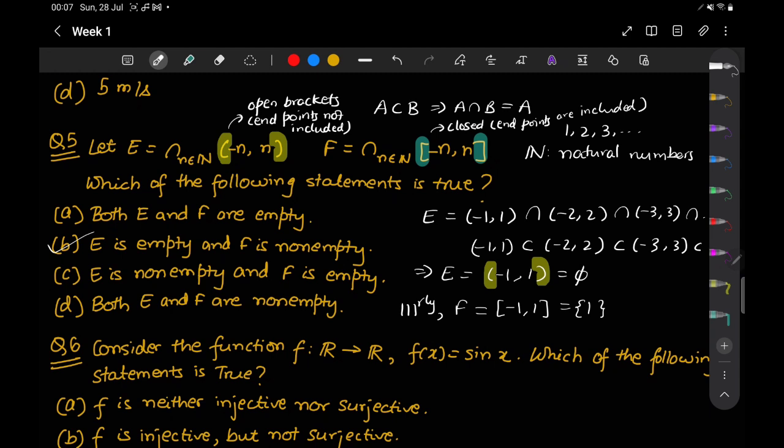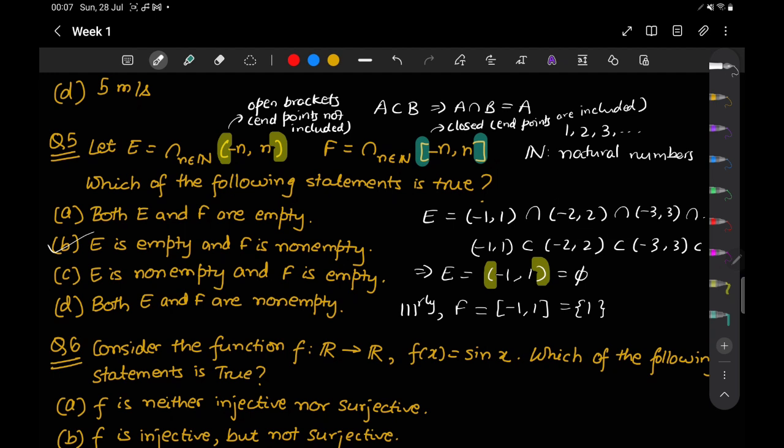Okay, so someone is confused about the parentheses and the square brackets. So this parenthesis, or round brackets, means that the range is open, meaning endpoints are not included. So minus n and plus n both are not included in this range, whereas square brackets imply that both the endpoints are included.